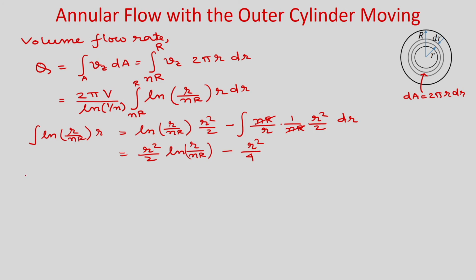If you put it here, then you are going to get 2 pi v divided by ln 1 by n.